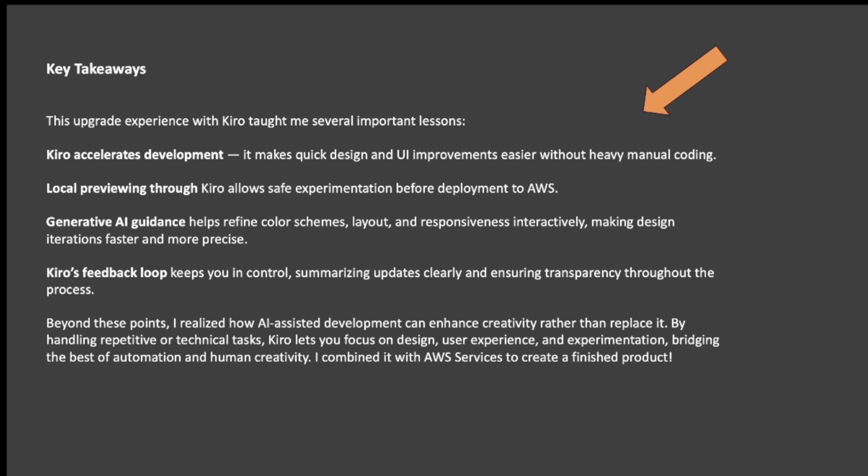Local previewing allowed me to do safe experimentation before putting my site on AWS. Also, the generative AI guidance helped me refine the color scheme, the layout, and the responsiveness, making it mobile friendly, and so on. And the feedback loop keeps me in control because I can look at it, I can provide further feedback, and Kiro acts on that feedback.